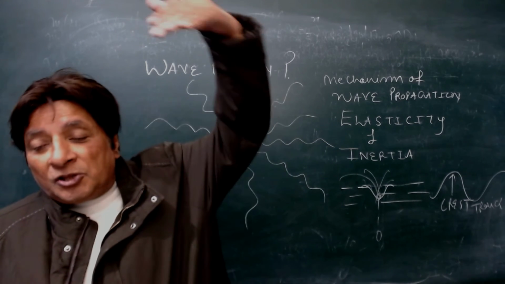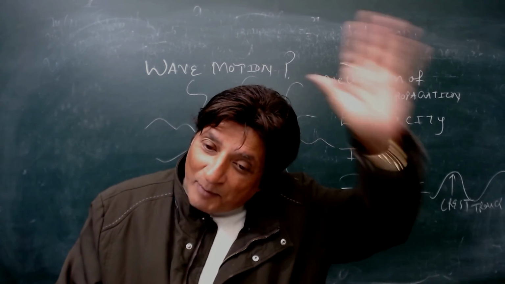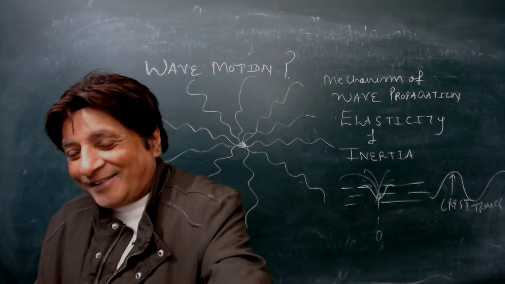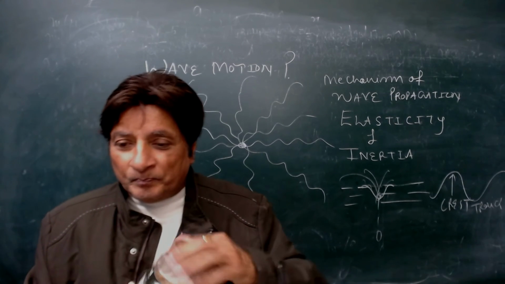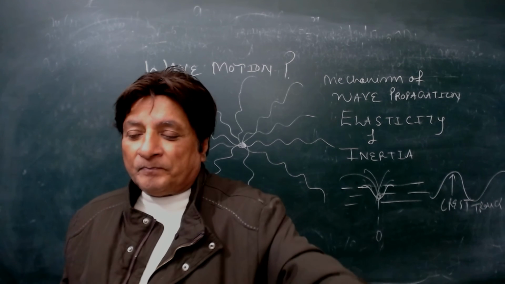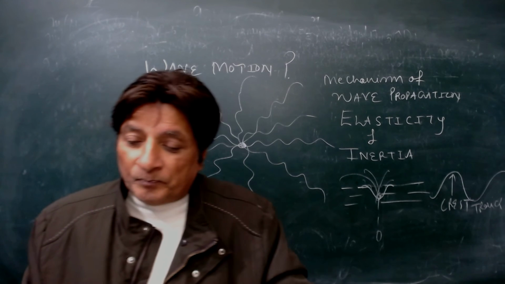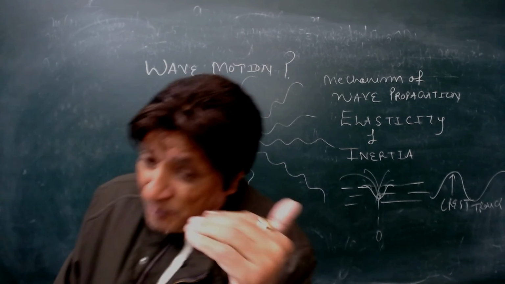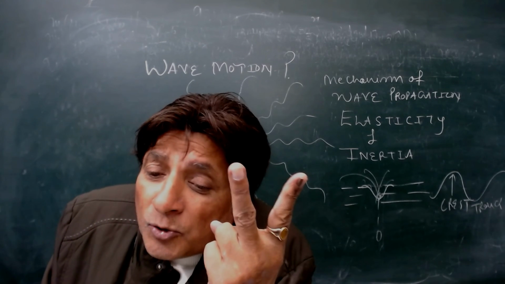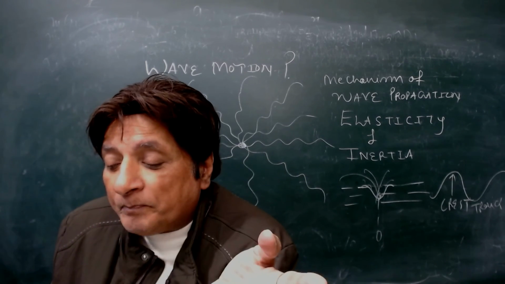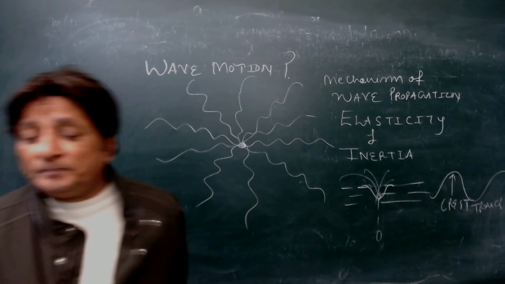In other words, mechanical waves transmit energy and momentum, not the matter. Third point, the transmission of energy and momentum is possible due to two properties of the medium, the elasticity and the inertia.